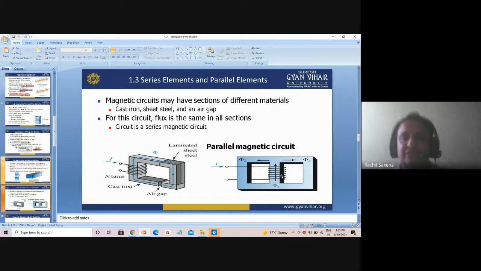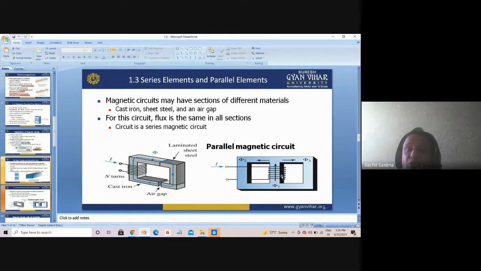So here, series and parallel, two things are there. As we all know, in electrical circuits we have two types of circuit: series circuit and parallel circuit. In electrical, what happens in series? Current remains the same, but voltage changes.